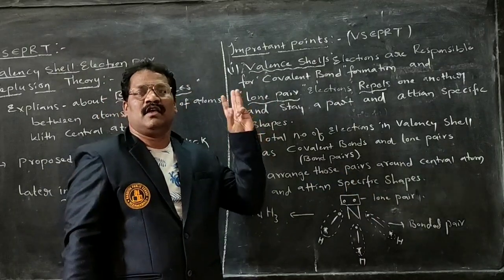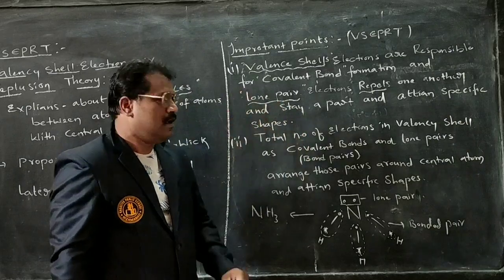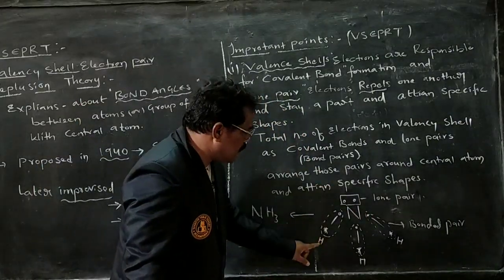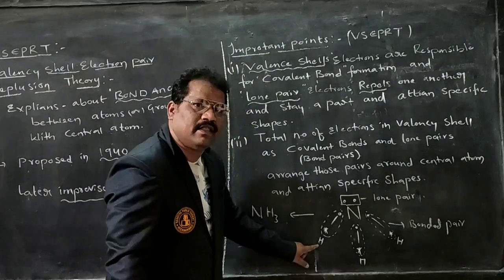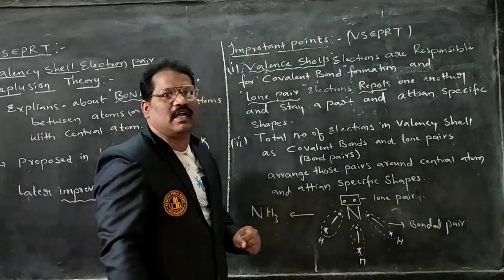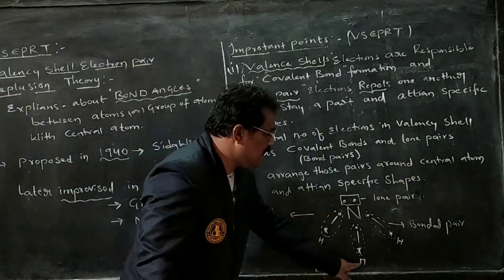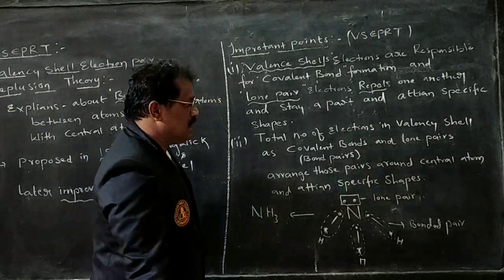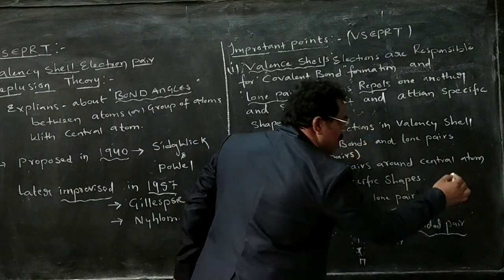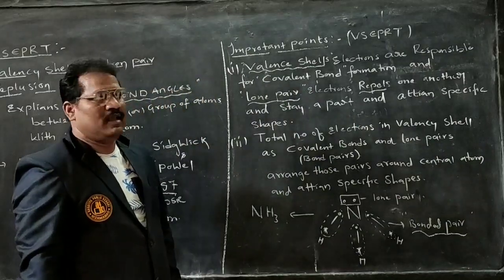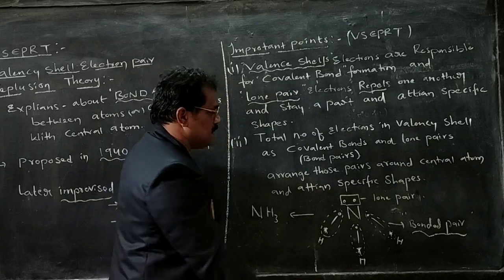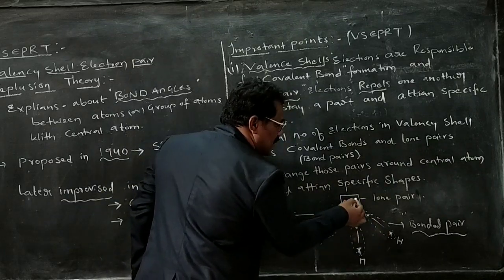The remaining 3 electrons, px, py, pz, are unpaired electrons. Those unpaired electrons overlap with hydrogen atoms, each hydrogen contributing an electron, forming 3 covalent bonds. The formation of these 3 covalent bonds is nothing but what? Bond pairs.